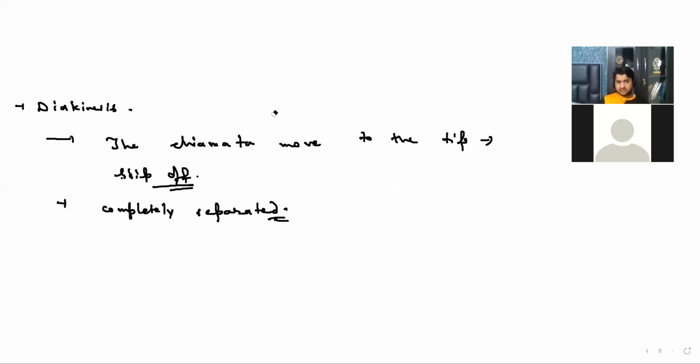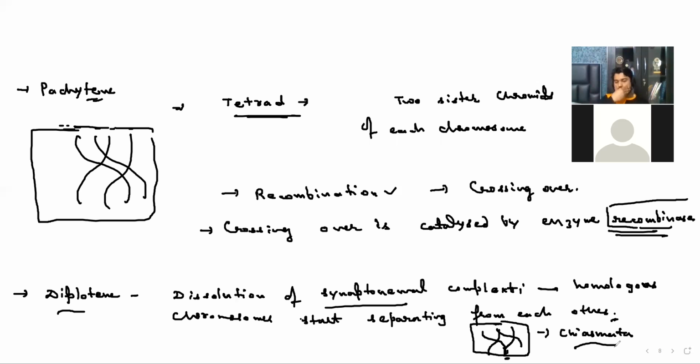Only when the homologous chromosomes are attached at the tip. Only the homologous chromosomes are doing this process, not every chromosome. Homologous means one chromosome is from the mother and one is from the father.